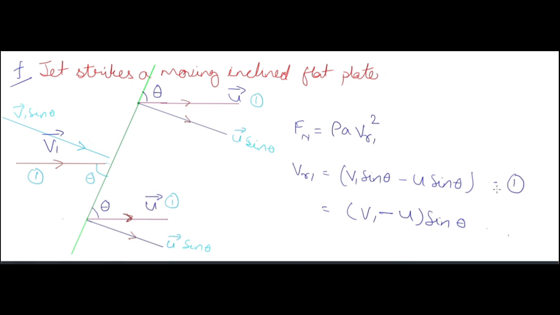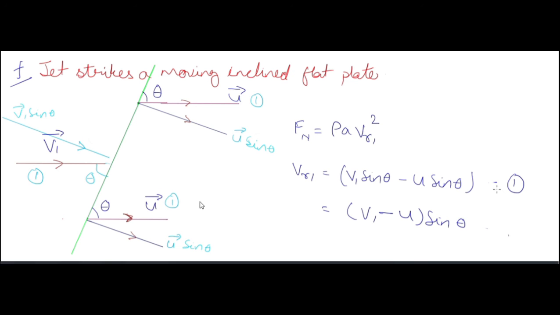The jet is impacting horizontally in the direction v1. V1 is in the horizontal direction, with zero inclination. This is the velocity of the jet impacting on the inclined plane having inclination theta, and u is the velocity of the plate in the horizontal direction.